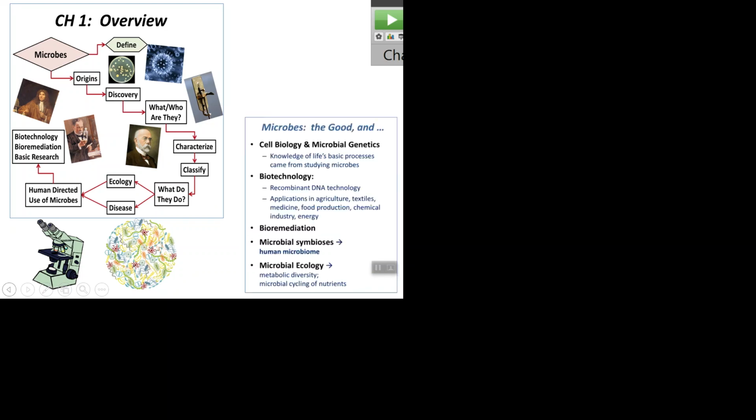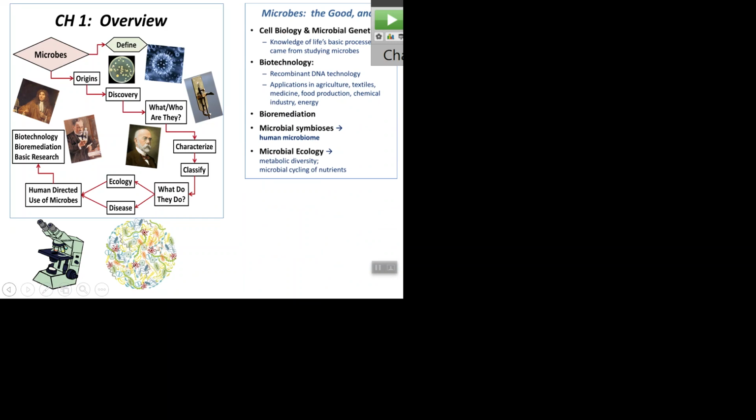So we really ended with the good and the bad, right? We're talking about microbes as good guys or bad guys, but if there's one thing I want you to take away from this course, it's that most of what I hear about in the news is disease-causing microbes, yet most of these things we need and rely on.